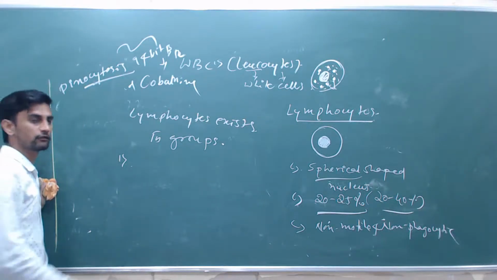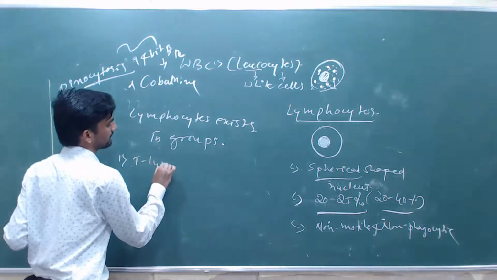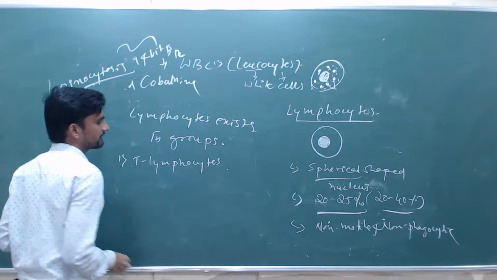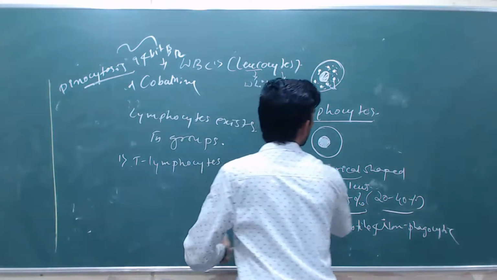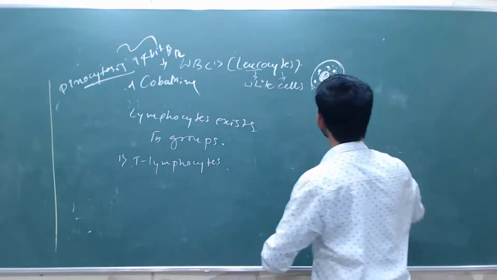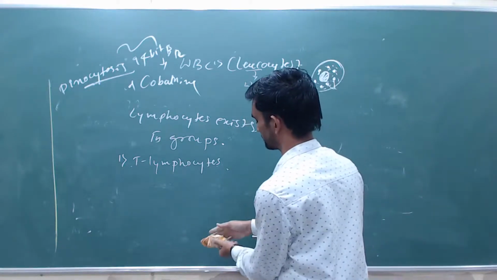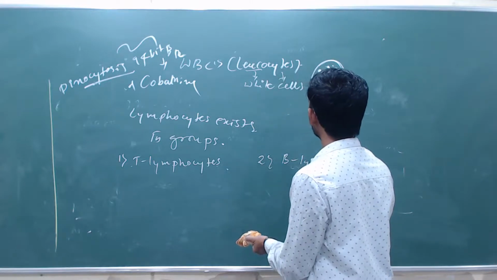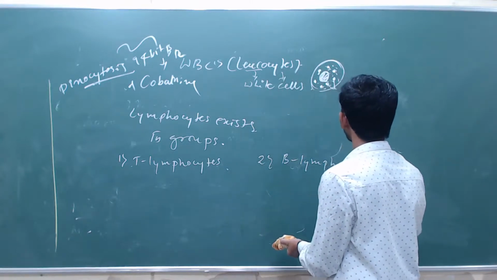So the first one is called T lymphocytes. Second one, B lymphocytes. These are the very important existing forms of lymphocytes.